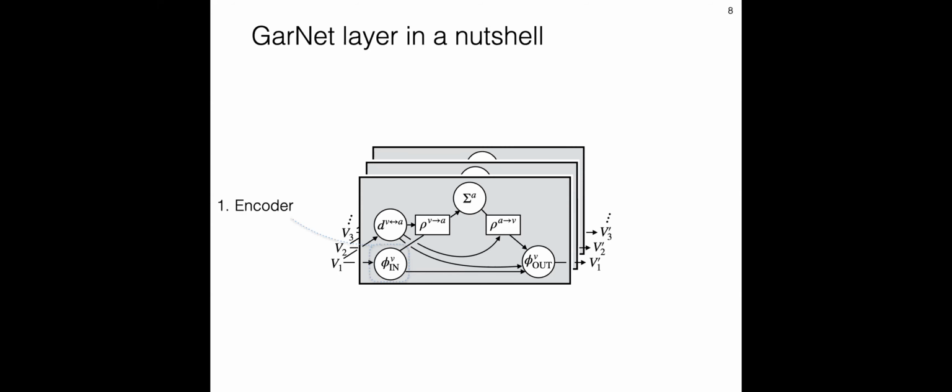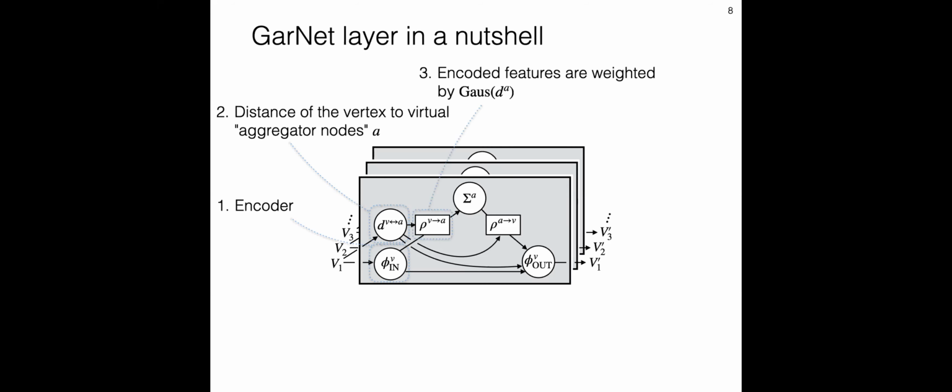Okay, so first there's the encoder that transforms the vertex features into an internal representation. And then the same set of input features are also used to calculate another set of numbers, which are, quote-unquote, distances to aggregator nodes. The aggregators are virtual nodes that communicate with all vertices. And in this third step, the encoded features from phi in are sent to these aggregators, but with weights that are given by the Gaussian of the distance and a nonlinearity.